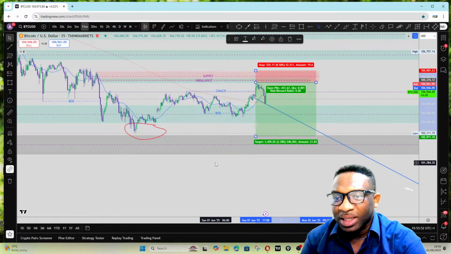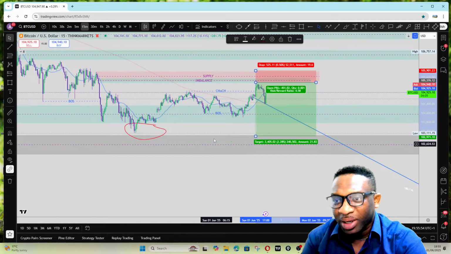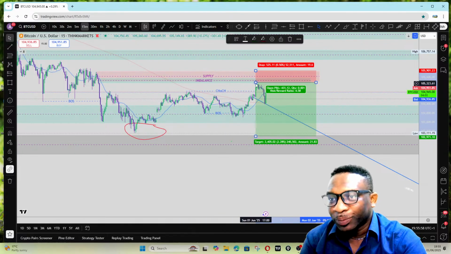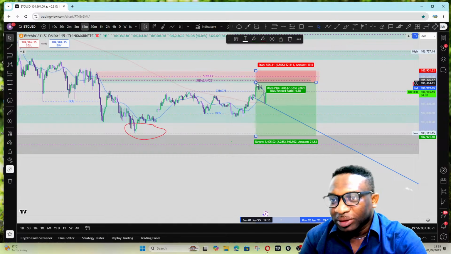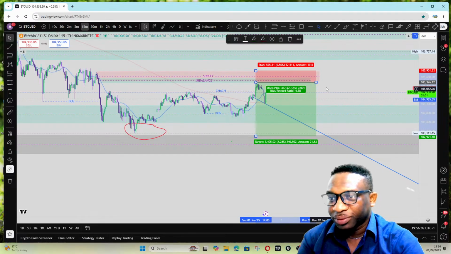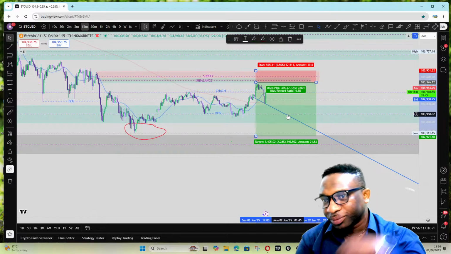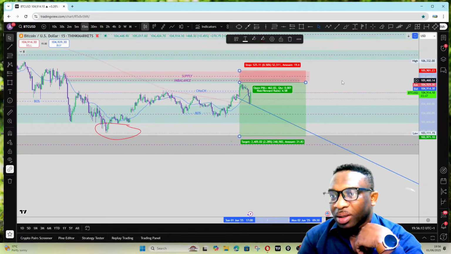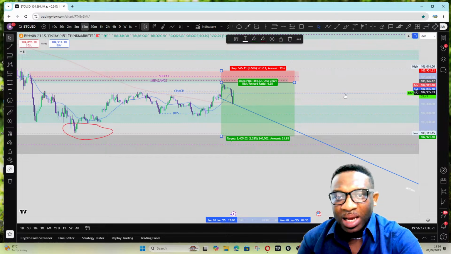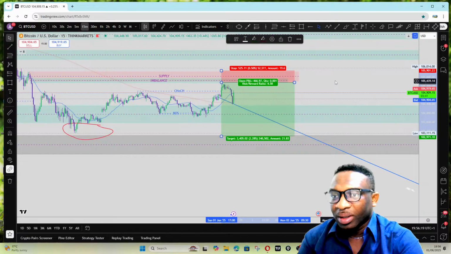The next area of interest is this demand area we've put down here. So your entry here, targeting this low, looks to be a nice risk reward ratio entry. That is how we take it.